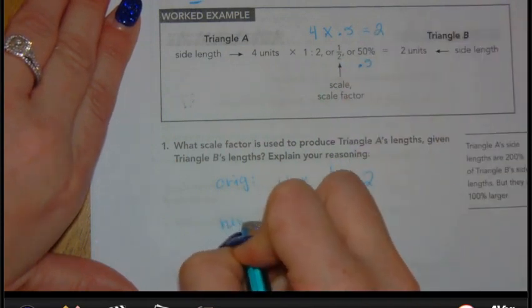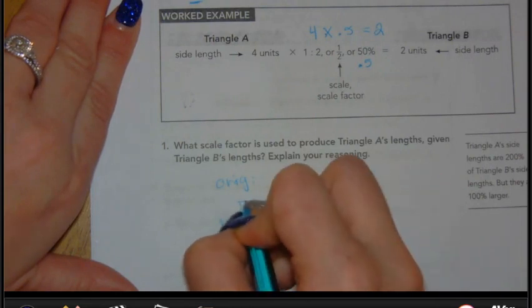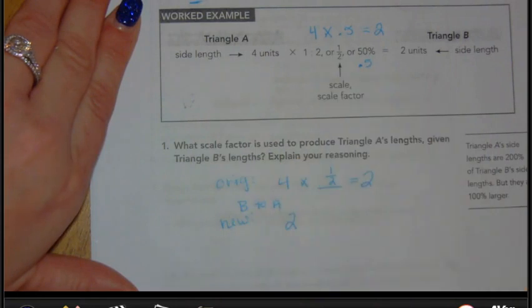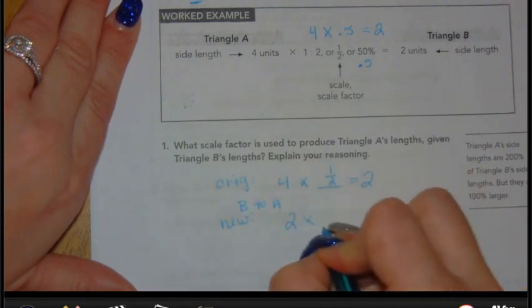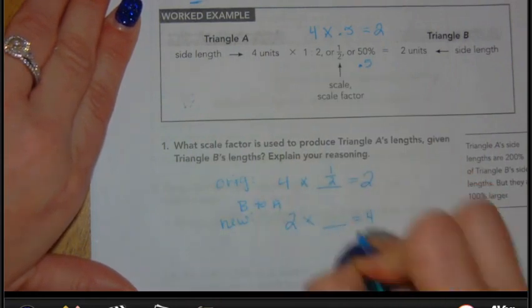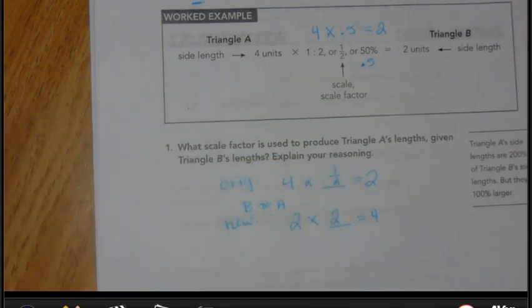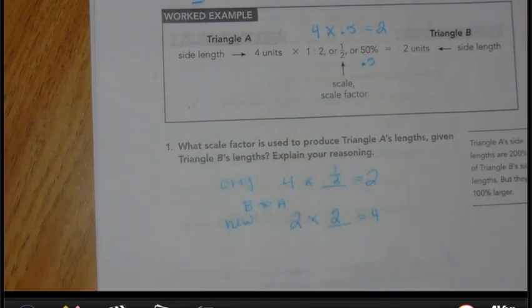I want to know if I went from B to A, so from little to big, I'm going to do 2 times what to get me to 4, and it's going to be times 2. 2 times 2 would get me to 4. I take the reciprocal of what this is.